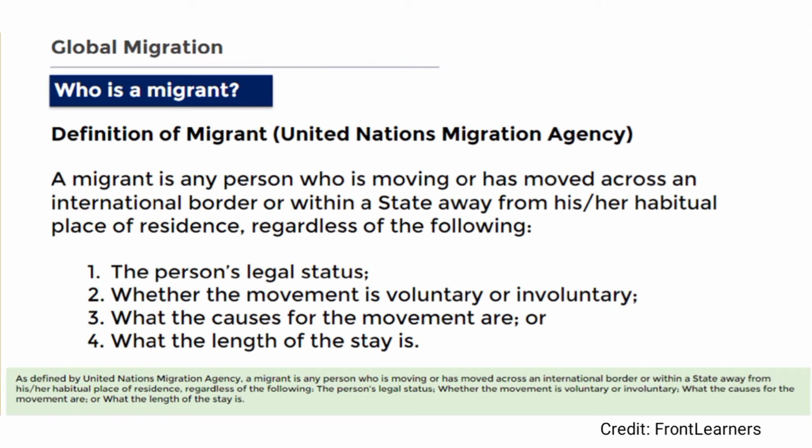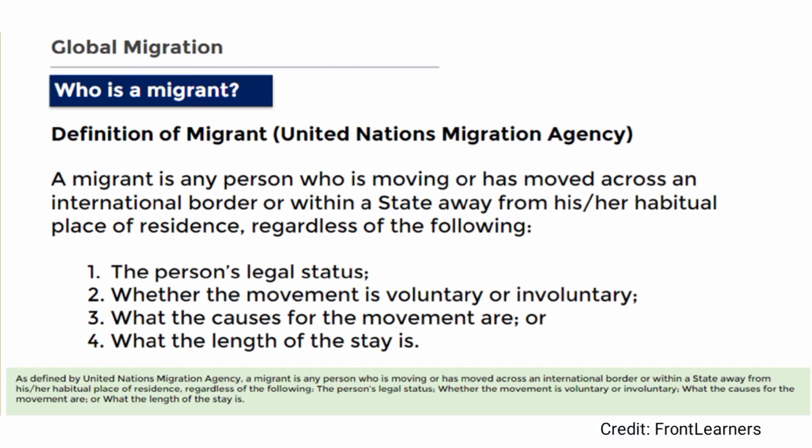Who is a migrant? As defined by United Nations Migration Agency, a migrant is any person who is moving or has moved across an international border or within a state away from his or her habitual place of residence, regardless of the following.